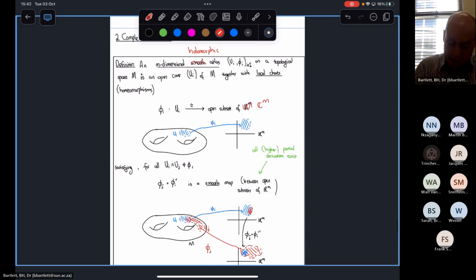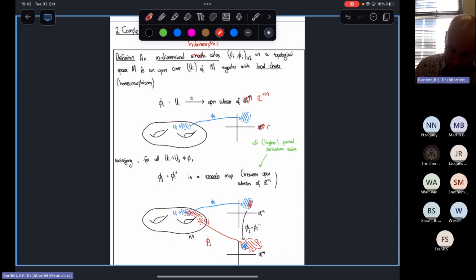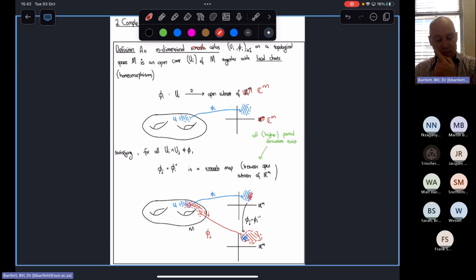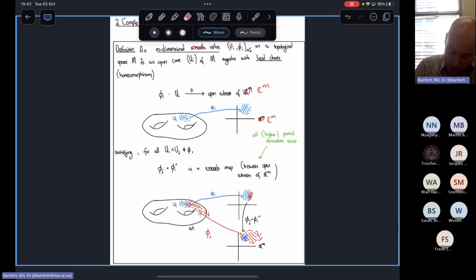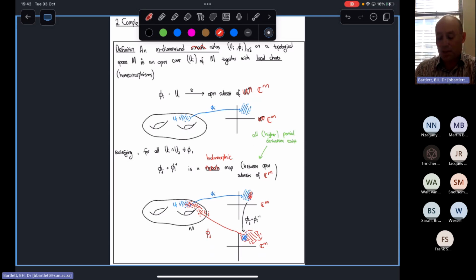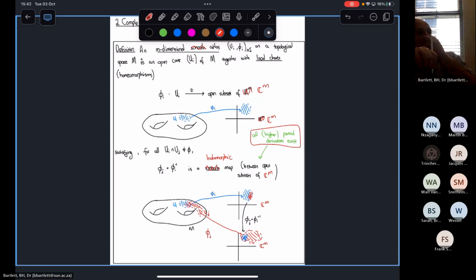So here I don't have Rm, I've got Cm. And what I want now is that on the intersection of these charts, the resulting map from Cm to Cm is no longer smooth, but is holomorphic. What does that mean? As a map between open subsets of Cm, what does it mean to be holomorphic?